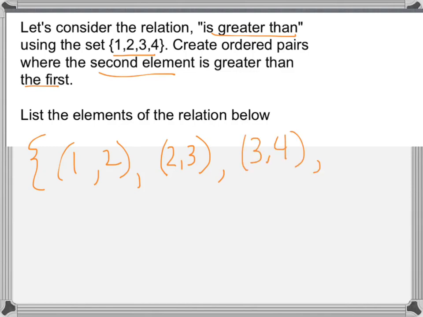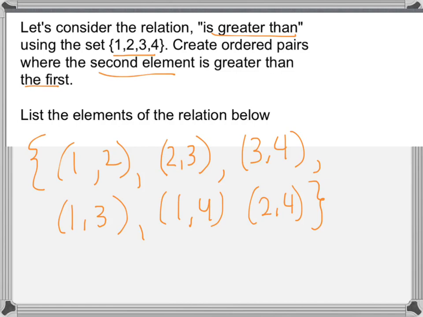Okay, I could also have, let's see, 1, comma 3, or 1, comma 4, and I can have 2, 4, and I believe that's it. So I'd end my curly bracket. Okay, so the elements of this particular relation greater than are these six ordered pairs.